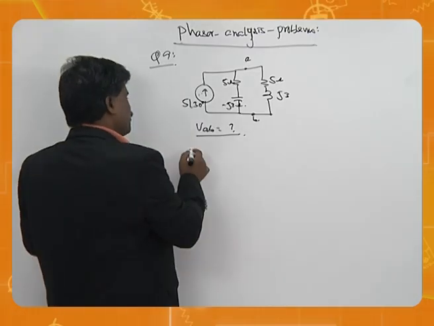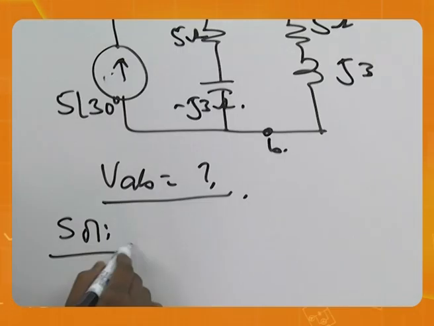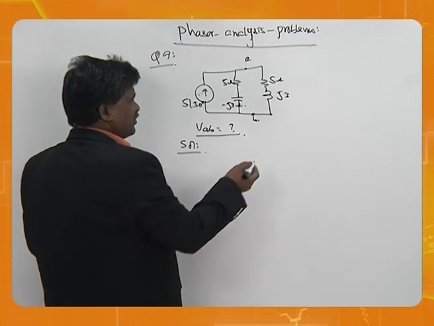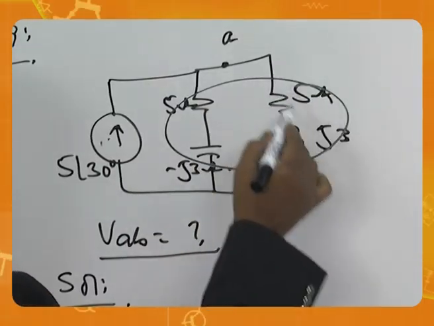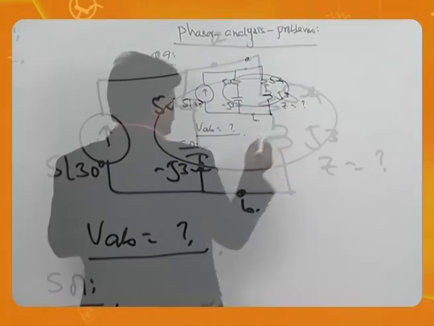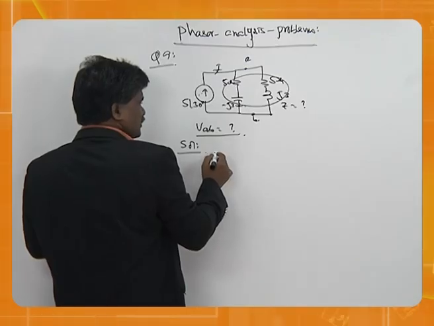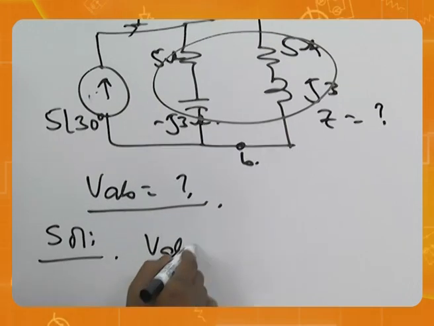And now let us go for the solution. When you go to the solution, the simplest form I like to say, calculate this as a Z and say this is I. So what is VAB now?